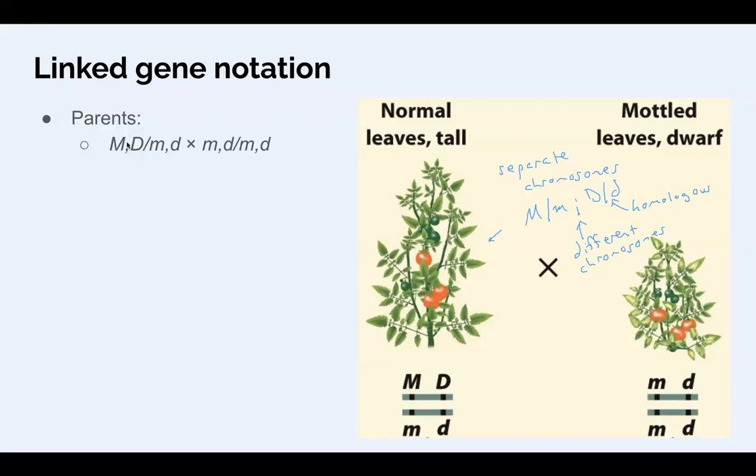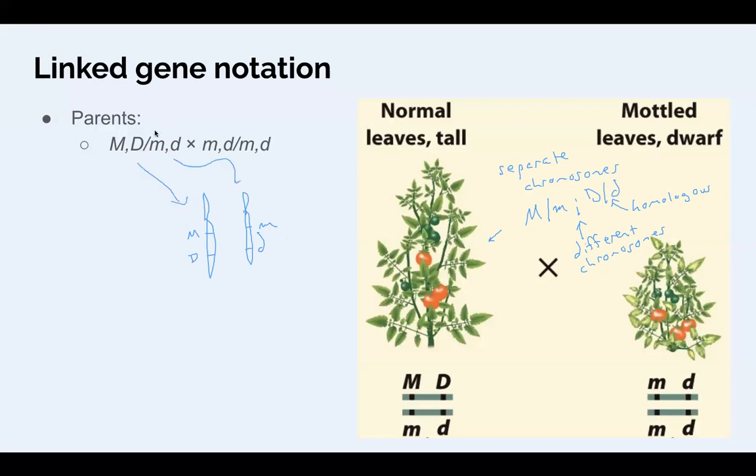This tells us that big M and big D are on the same chromosome arm, or the same physical chromosome, the same homologue of chromosome. And little m, little d are located on the other of those.